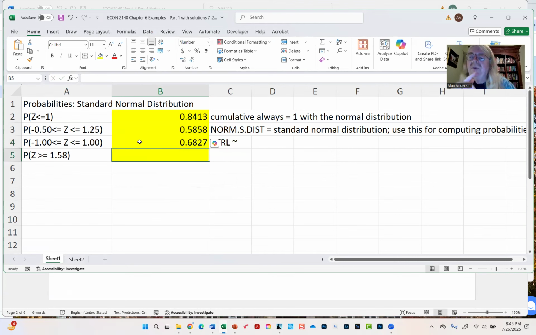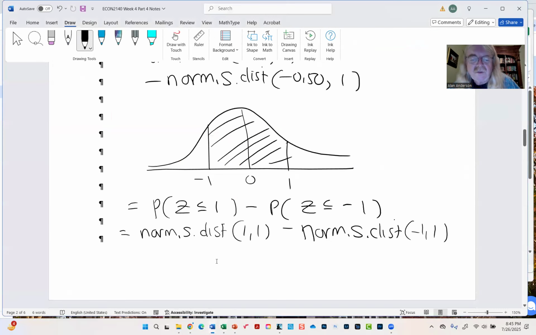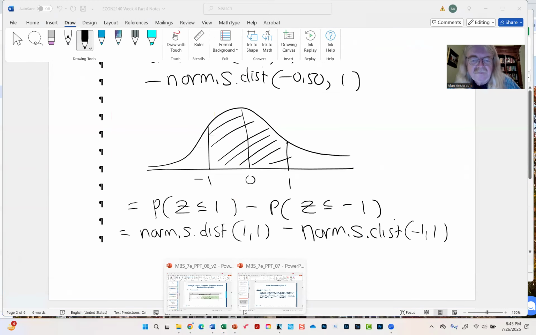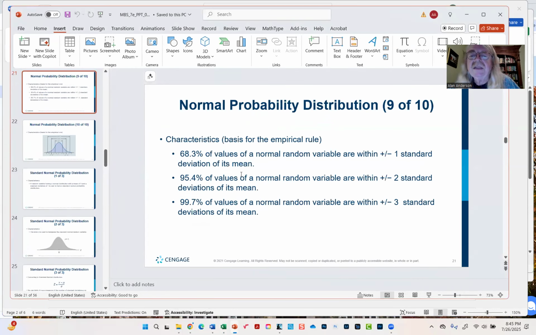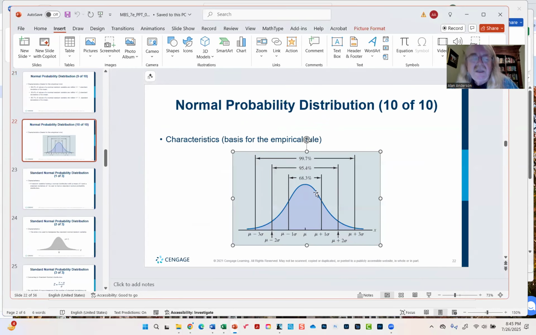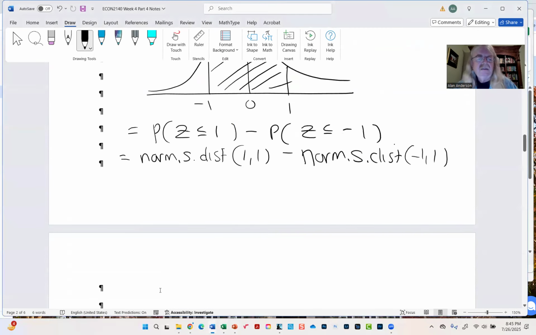Now, I would like to point out something interesting. Earlier, we looked at this so-called empirical rule. And if you remember, this is actually one of the cases that it mentions right here. With the empirical rule, remember, these are only approximations.